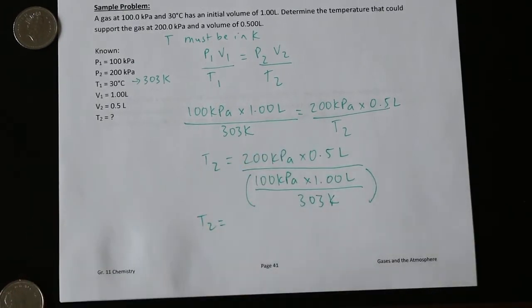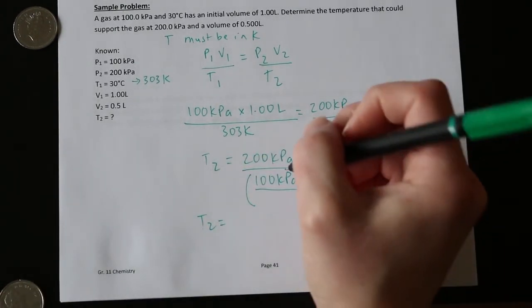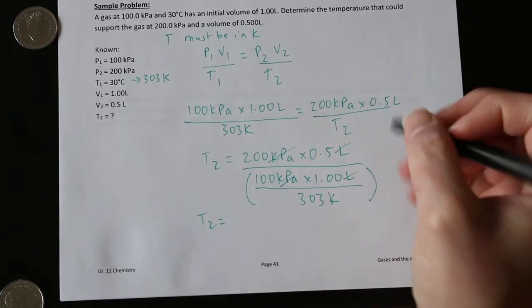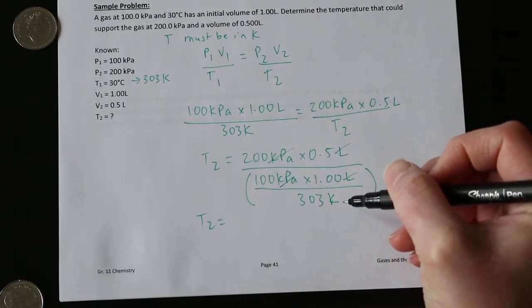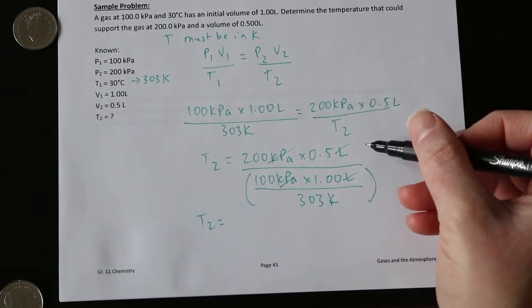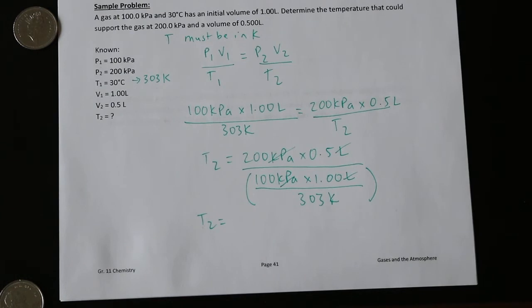Okay, and the kilopascals here cancels with those, the liters cancels with that. And since this Kelvin is in the denominator of another fraction, the Kelvin is going to pretty much flip up to the top. So we would enter that in our calculator as 200 multiplied by 0.5.